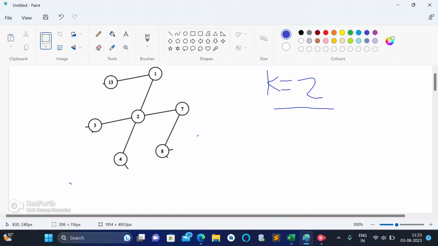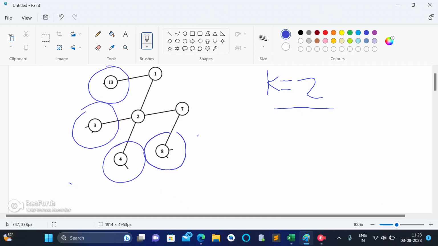If I remove all the blue marked nodes, our tree will look something like this. So that was the k equal to 1 operation. Now comes the k equal to 2 operation. In the second operation I decide to remove the leaves. The leaves now are 13, 3, 4, 8.